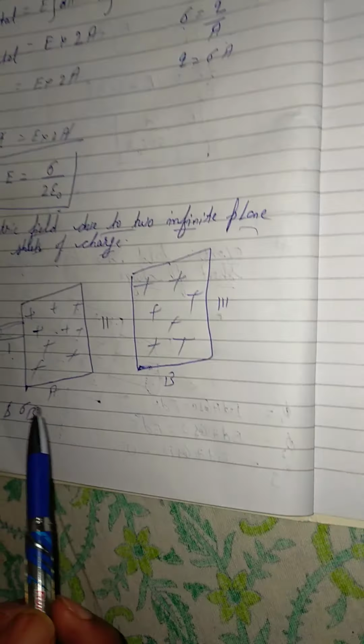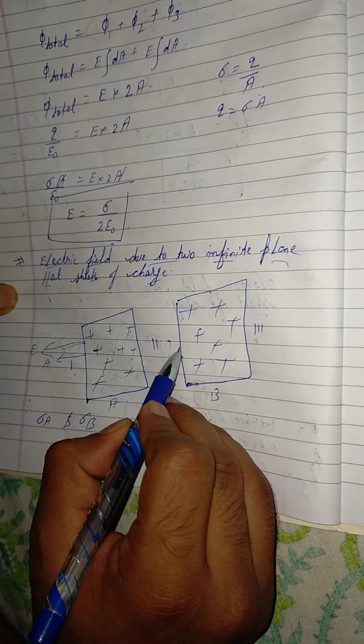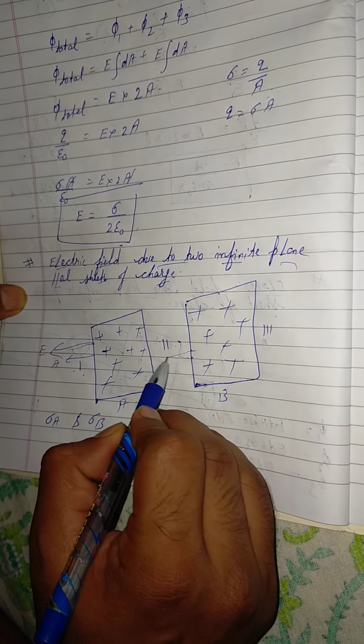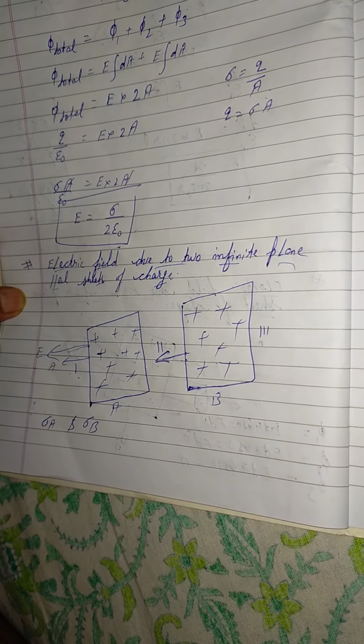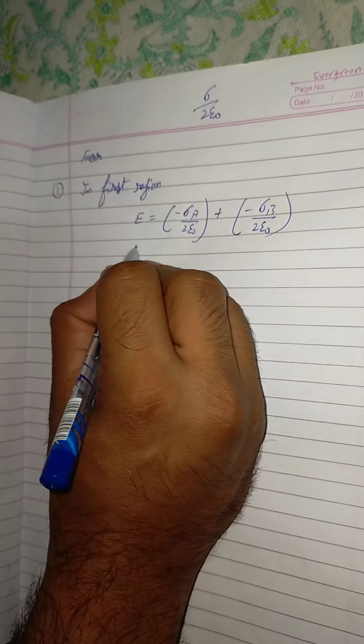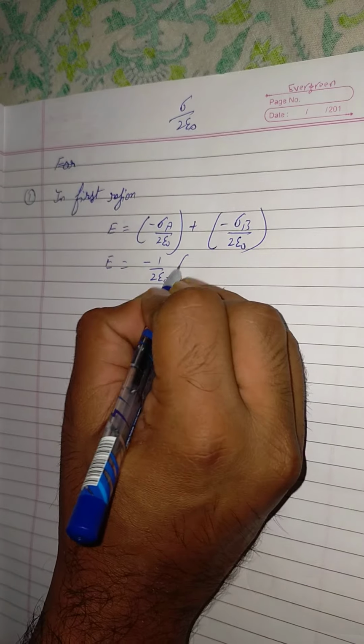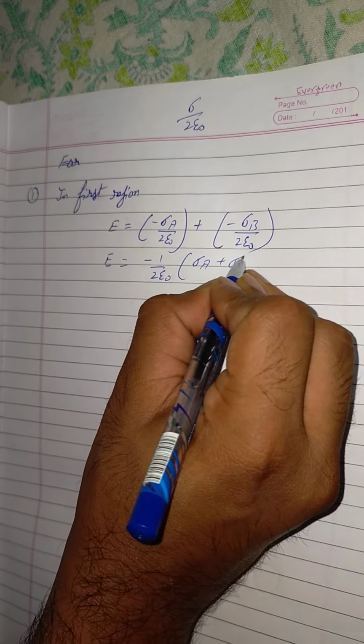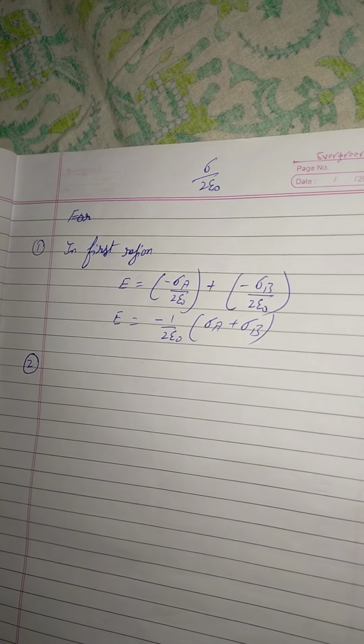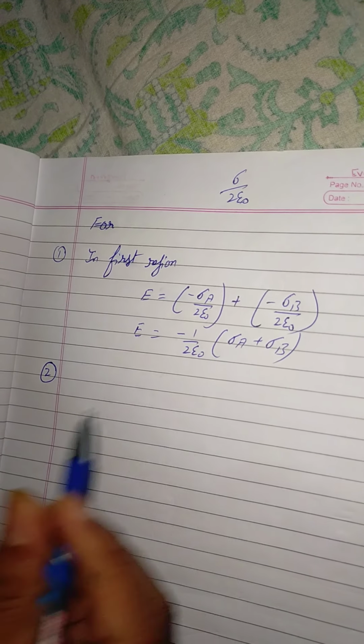So for this region also, the electric field lines are moving from this side. The total electric field for the first region is 1 over 2 epsilon naught times sigma A plus sigma B. Now some students have a doubt about how the minus came.